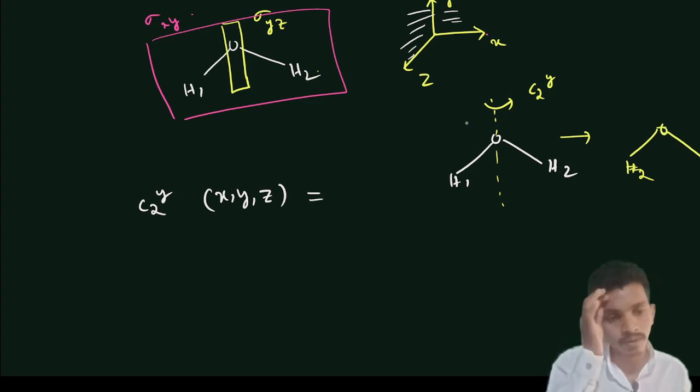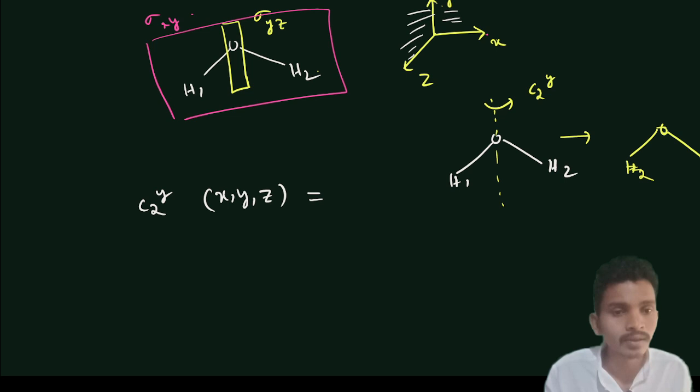Now whenever I apply the C2 to the xyz axes, if I do the C2 y, then what things will change? You see that in this plane, if I apply C2 y, this y axis will remain constant.